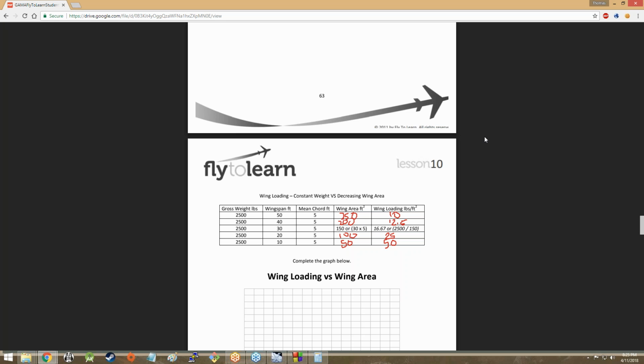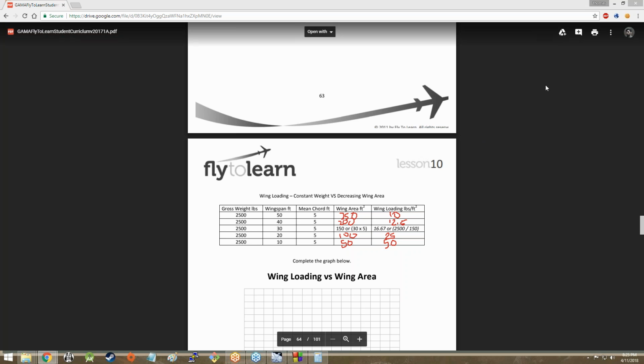Versus a 10-foot wingspan with a 5-foot mean chord gives us an area of 50 square feet, which means that each square foot of plane wing is responsible for lifting 50 pounds. You can almost think of each square foot of plane wing as like a gremlin or an Oompa Loompa or something like that trying to lift something up. They're going to have an easier time lifting 10 pounds than 50 pounds. Same goes for plane wings.